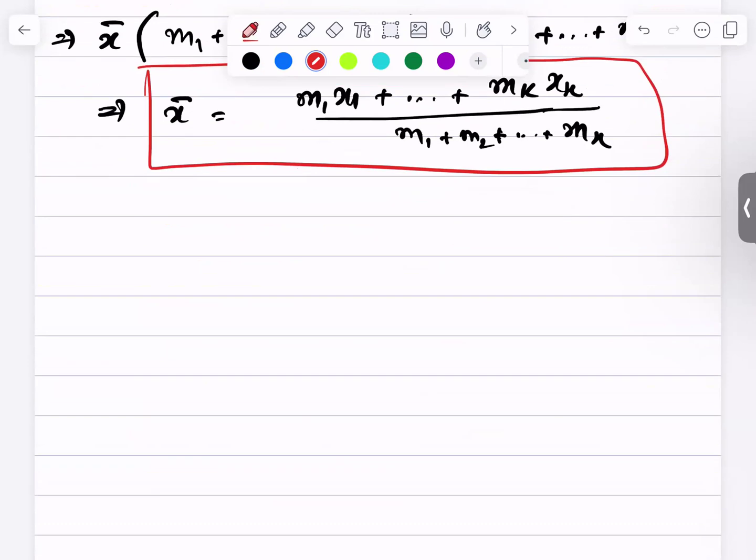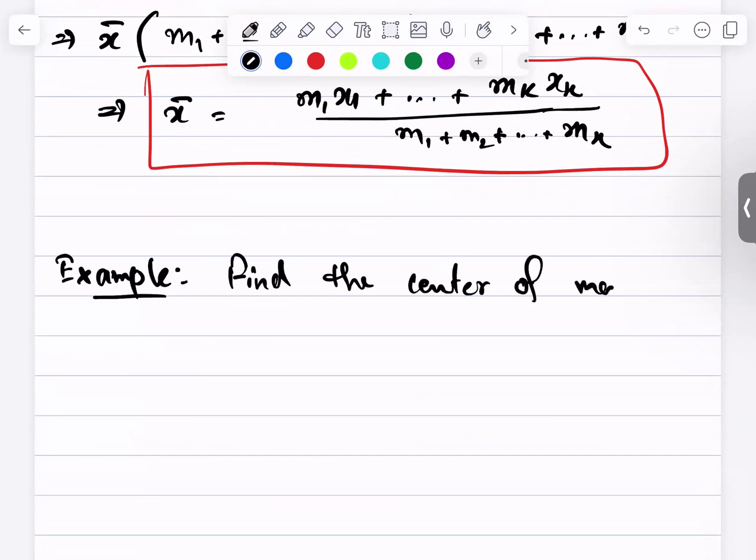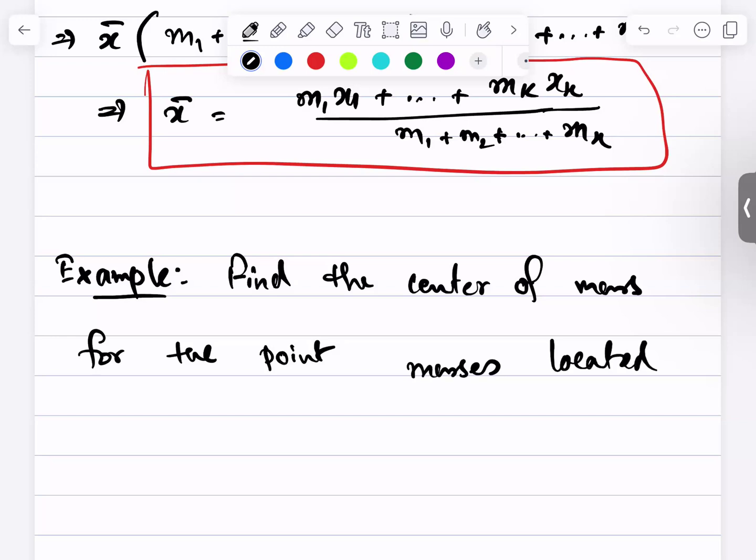Okay, let's see one problem now. Example: find the center of mass for the point masses located on the x-axis as shown.